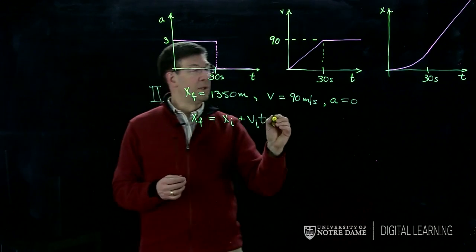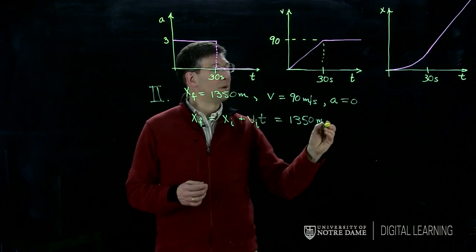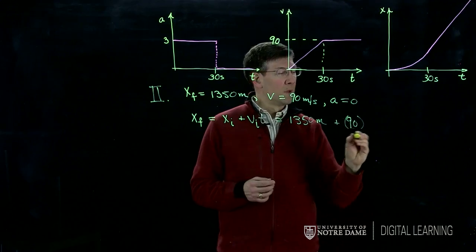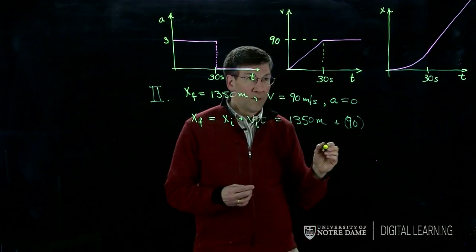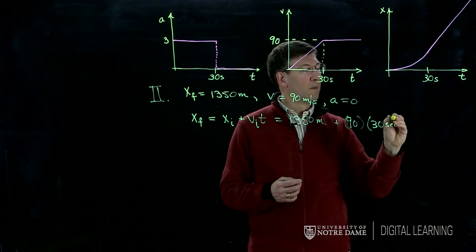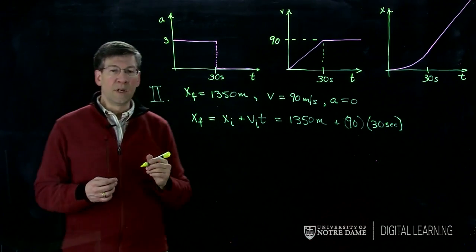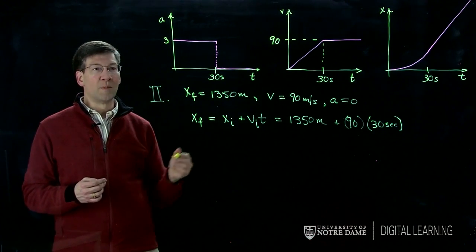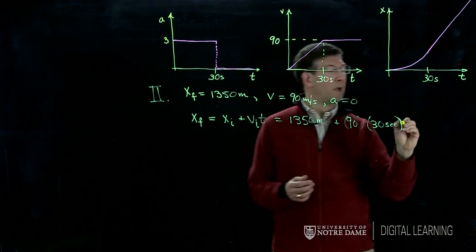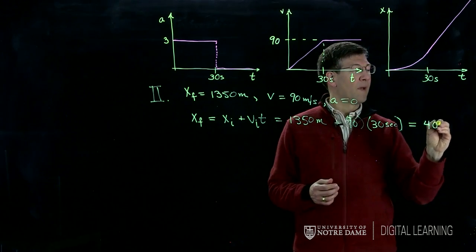And so this becomes equal to 1,350 meters, that's my original position, plus 90 meters per second times the time of the second part of the motion, which is again 30 seconds. And so the total distance that I travel is equal to 1,350 plus 90 times 30. So all told, this is 1,350 plus 2,700. So the total distance that I traveled then is equal to 4,050 meters.